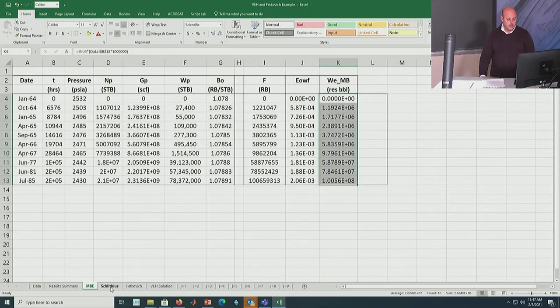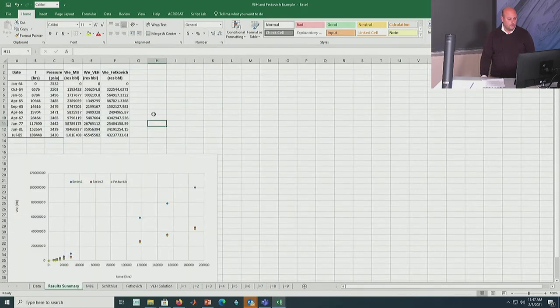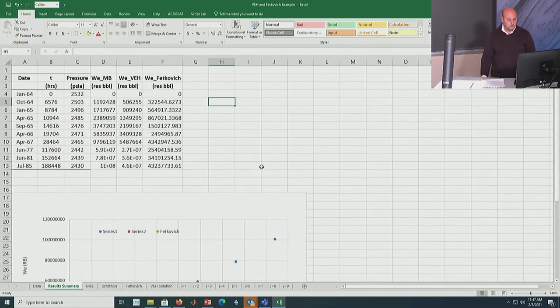And so I made a little table where I compared those. I did this comparison where I have the material balance. I just copied and pasted from that tab, the VEH method, and the Fetkovich method.